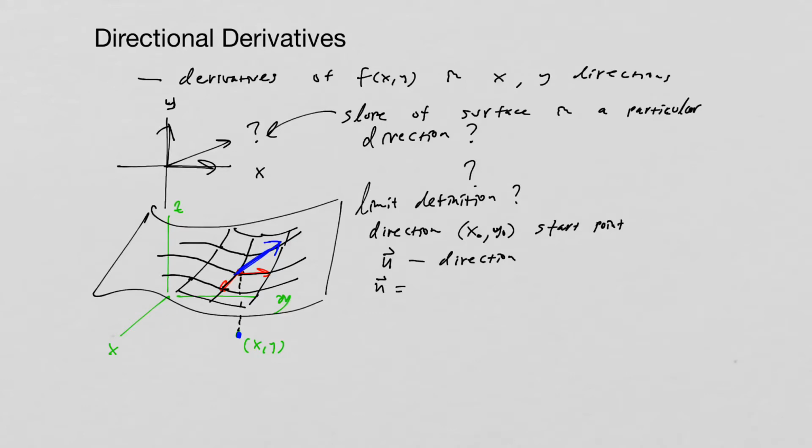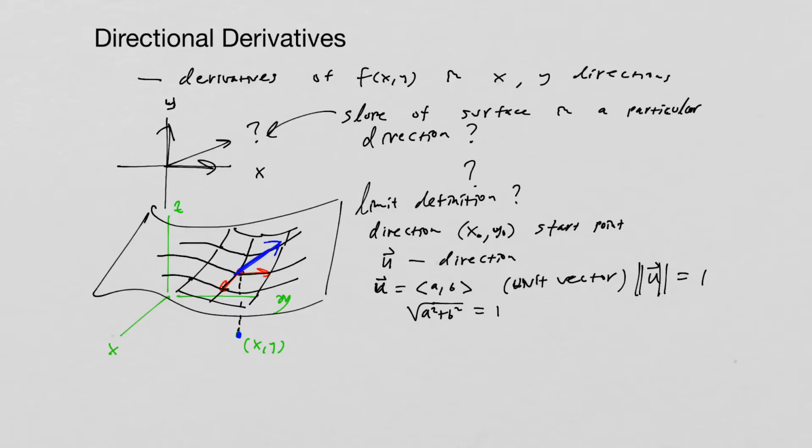So u is going to be a vector AB, and it's going to be a unit vector. That means that u in magnitude is equal to 1. So that means the square root of a squared plus b squared is equal to 1. With that, putting that together, what we want to figure out now is how do I do that?